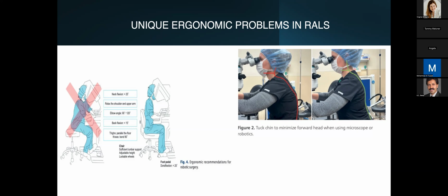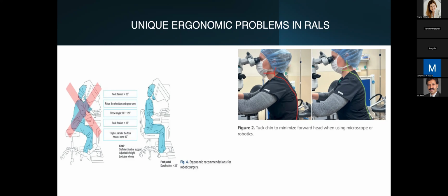They do recommend that neck flexion should be less than 25 degrees, as you can see on the picture to the left. Your shoulders and upper arms should be relaxed. Elbow angle should be 90 to 120 degrees with the console. There should be less than 15 degrees, sorry, back flexion. And your thighs should be parallel to the floor and your knees bent 90 degrees.